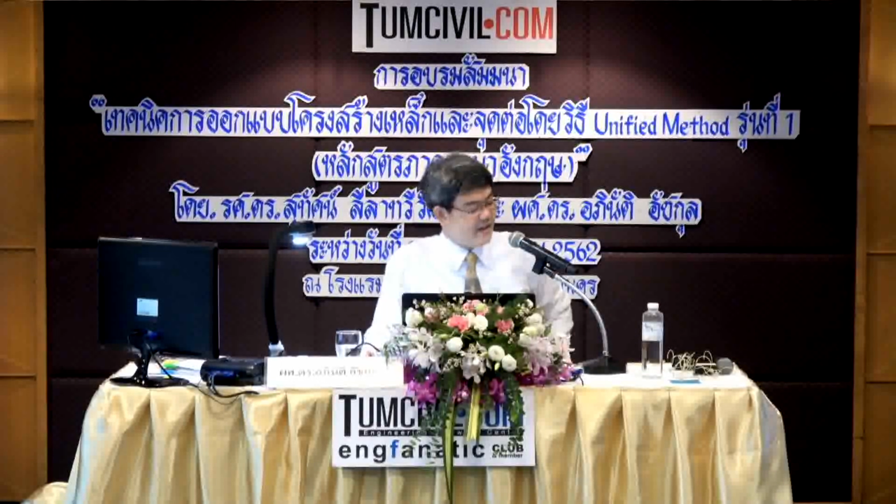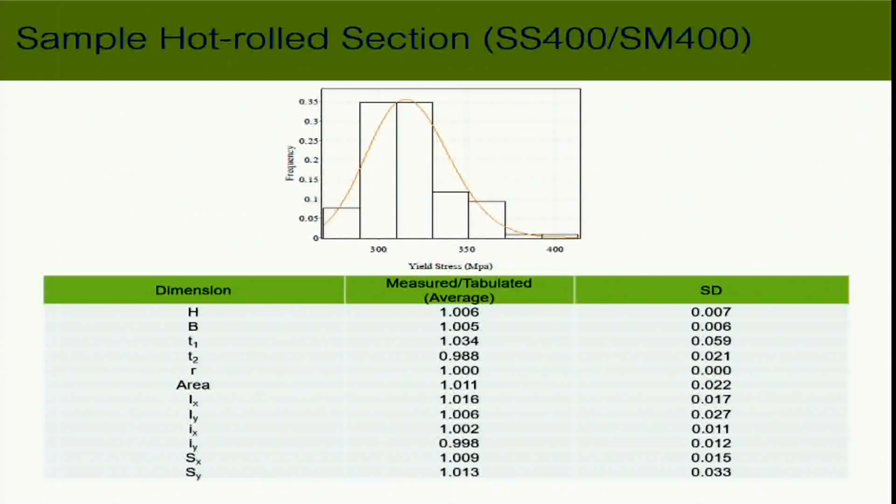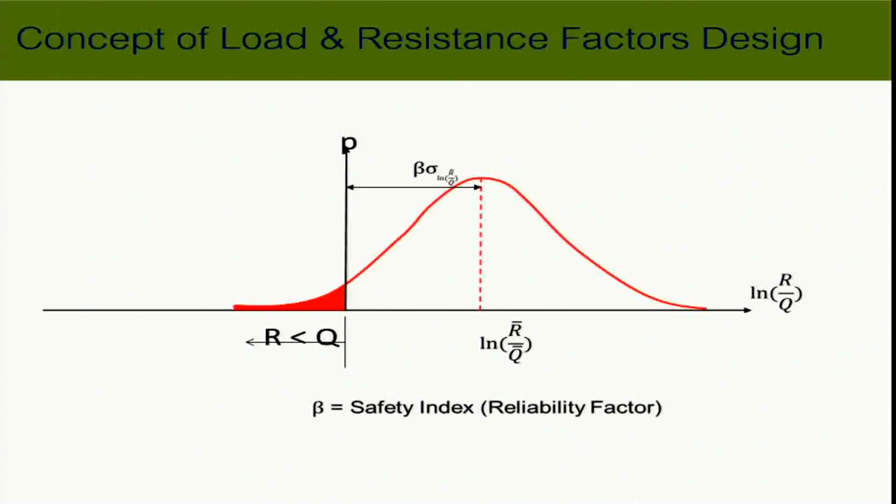Okay, and you can see the average of the ratio and then the standard deviation. Even the section that is manufactured from the factory still has deviation, and that's why we need statistics. And for the LRFD, I'm not going to go much into details because you will hate it. And I don't really use it in my everyday life, so I don't remember much about it. But this is it. It's about the calculation of statistics.